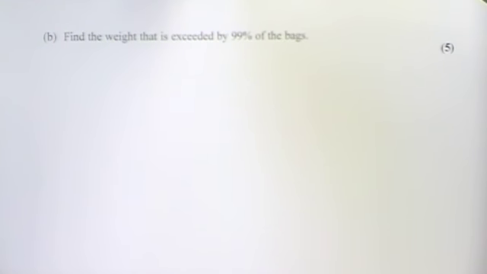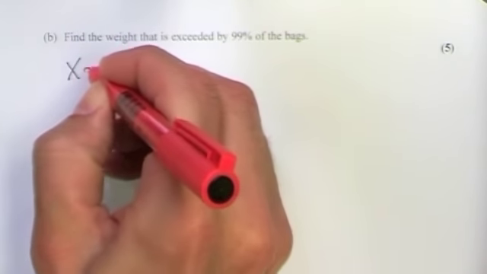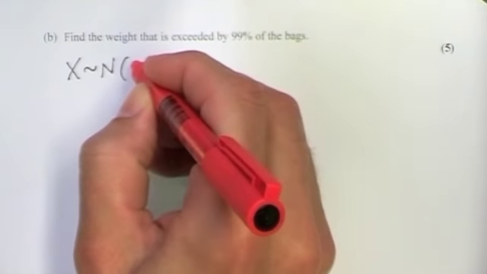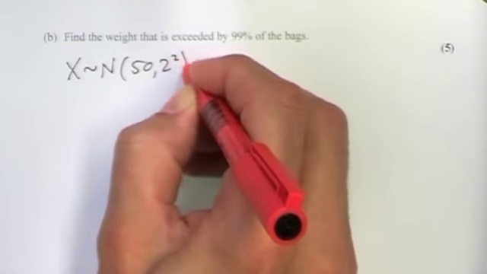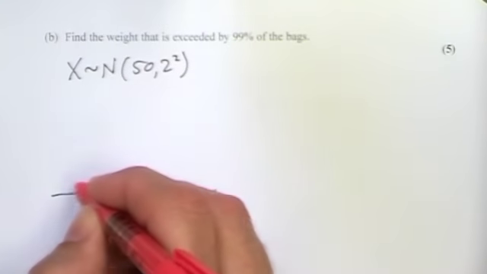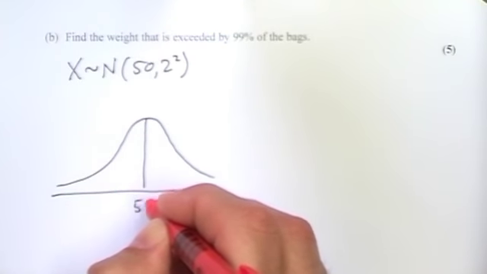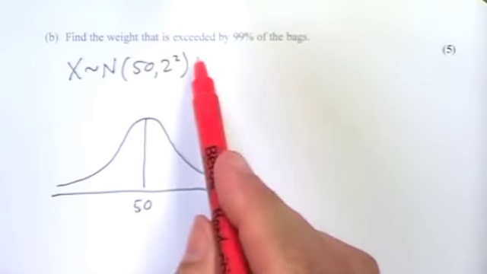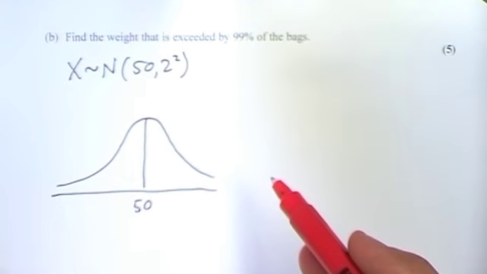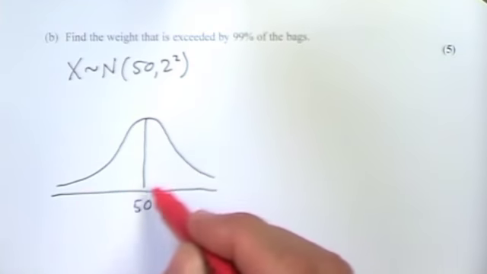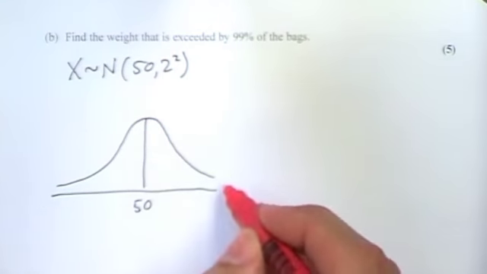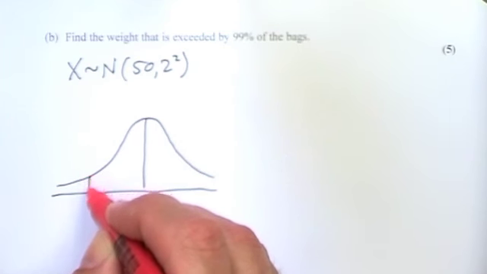Part B of the question says find the weight that is exceeded by 99% of the bags. We've got the same distribution here, so X follows a normal distribution, and the mean was 50 and the standard deviation was 2. Drawing our bell curve, 50 there, and it says find the weight exceeded by 99% of the bags. 99% is most of this, but it's exceeded, which means greater than, so effectively we're going to have a value here.